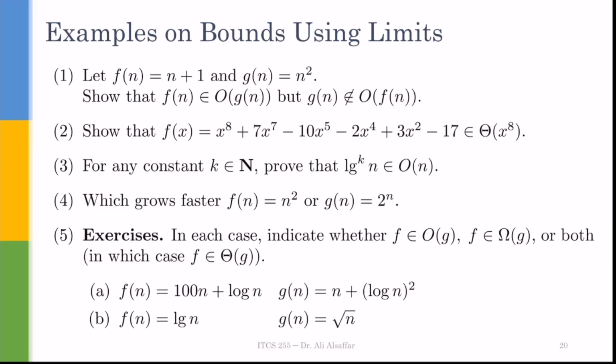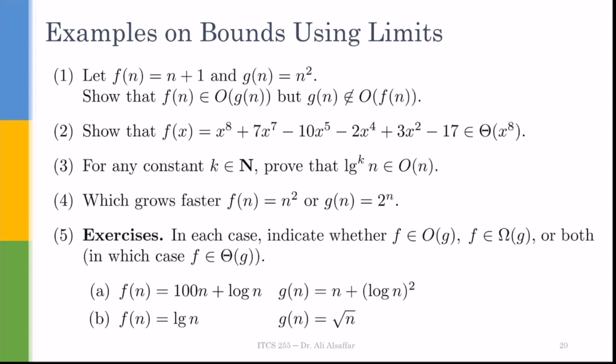To get practice using limits to find bounds between two functions, here I have provided two exercises. In each case, indicate whether f belongs to big O of g, f belongs to omega of g, and if both are correct, then f belongs to big theta of g.